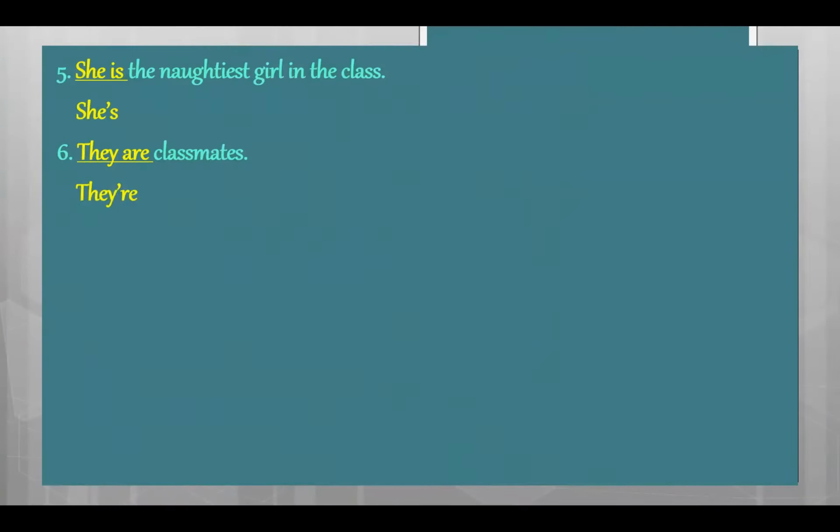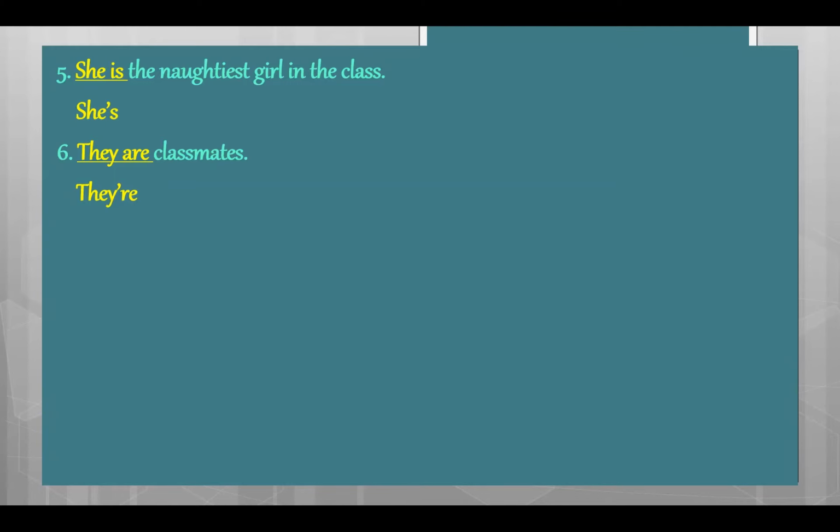Number 5, she is the naughtiest girl in the class. She is changes to she's. She's the naughtiest girl in the class. Number 6, they are classmates. And how would you say they are, once you make them shorter?